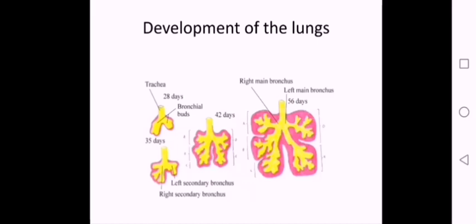After birth, an additional 7 orders of airway will develop until we reach the age of 8 years of childhood. So the total will be 24.